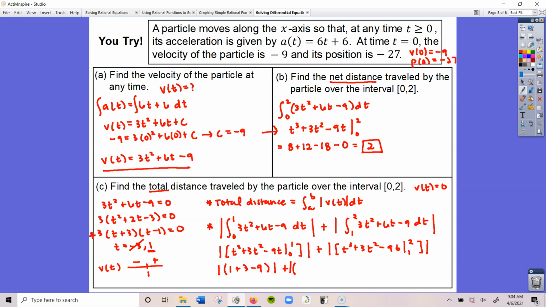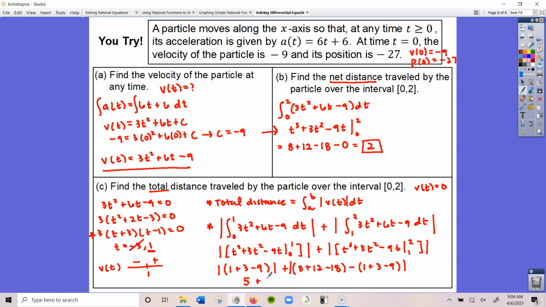So we get 2 to the third, which is 8, plus 2 squared is 4, times 3 is 12, minus 18. And now we plug in the 1. So 1 plus 3 minus 9. So 1 plus 3 is 4, minus 9 is negative 5, but it's within the absolute value, so 5.